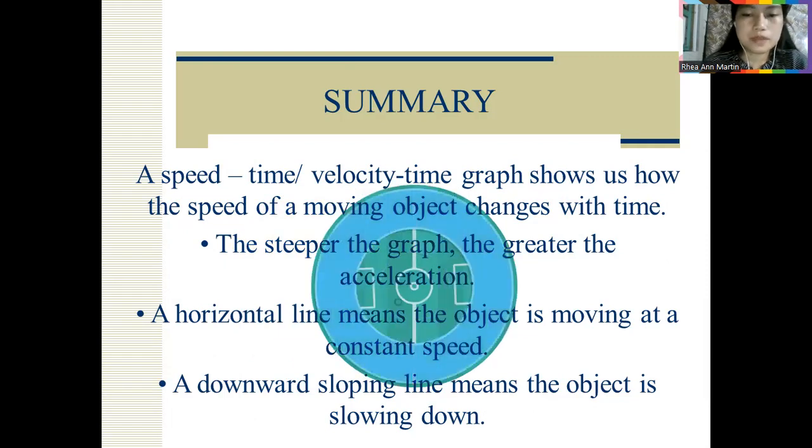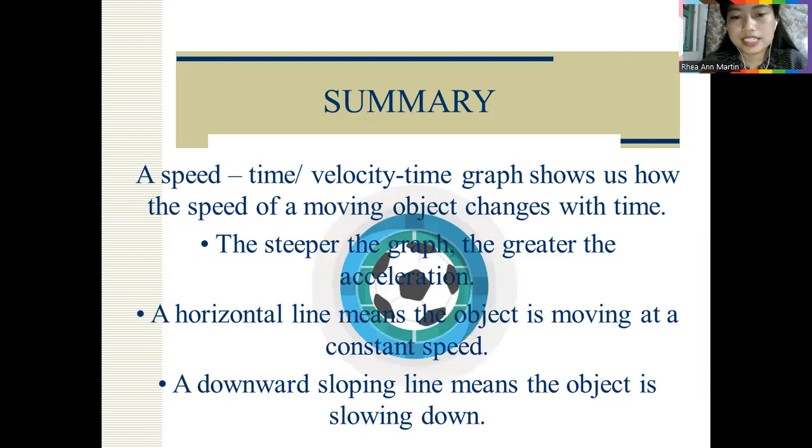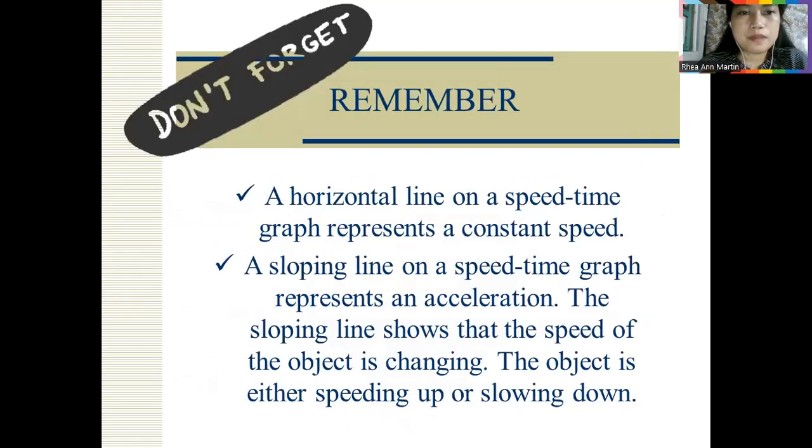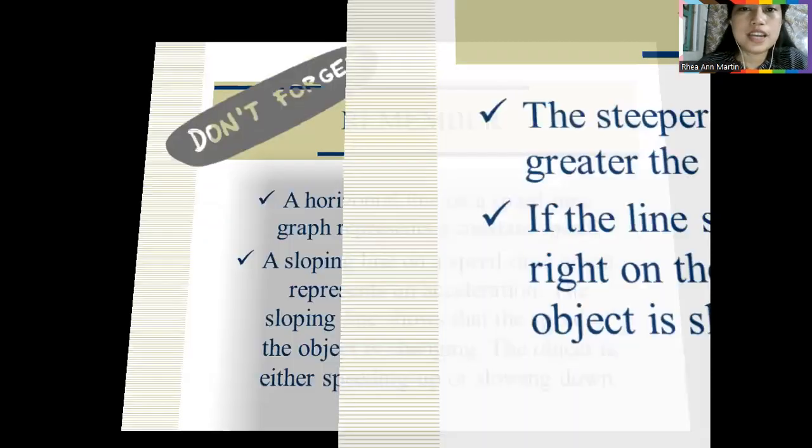A downward sloping line means the object is slowing down. So remember, a horizontal line on a speed time graph represents a constant speed. A sloping line on a speed time graph represents an acceleration. The sloping line shows that the speed of the object is changing. The object is either speeding up or slowing down.